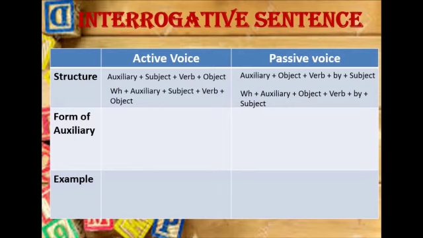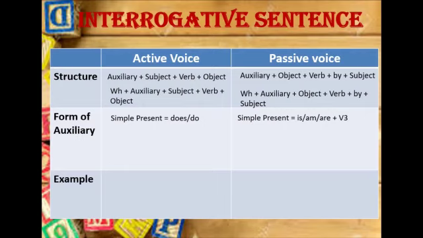It means that you're not going to change the sentence type of this sentence. If it is yes-no question, it will remain yes-no question. If it is WH question, it will remain WH question. So let's see which forms of auxiliary we use in the three types of simple tenses. In simple present, we use does or do.